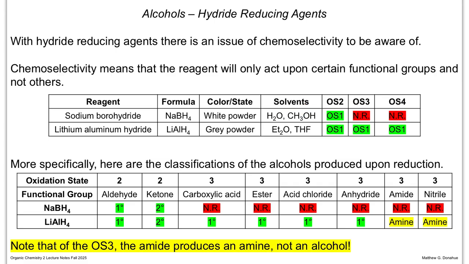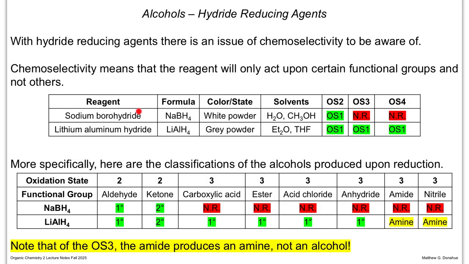Everything else has to be either the alkane or the ether solvents. The reason this one uses these protic solvents is the sodium borohydride is kind of inert and it needs something to activate it, whereas the lithium aluminum hydride does not.